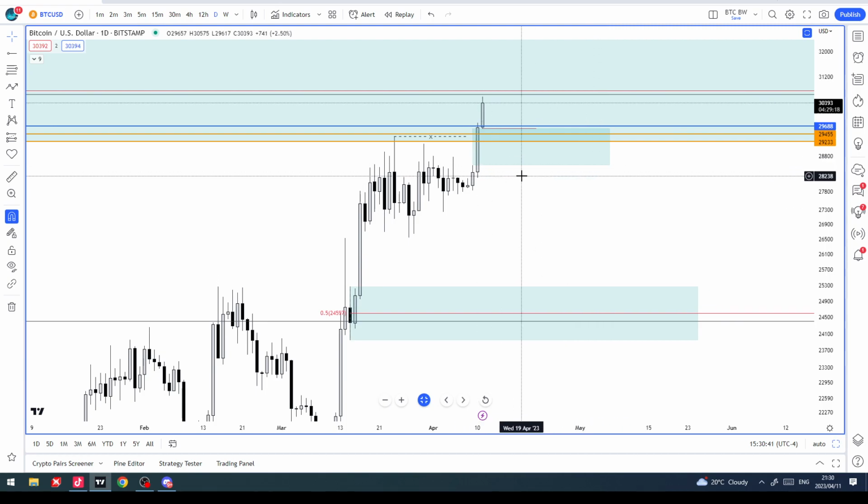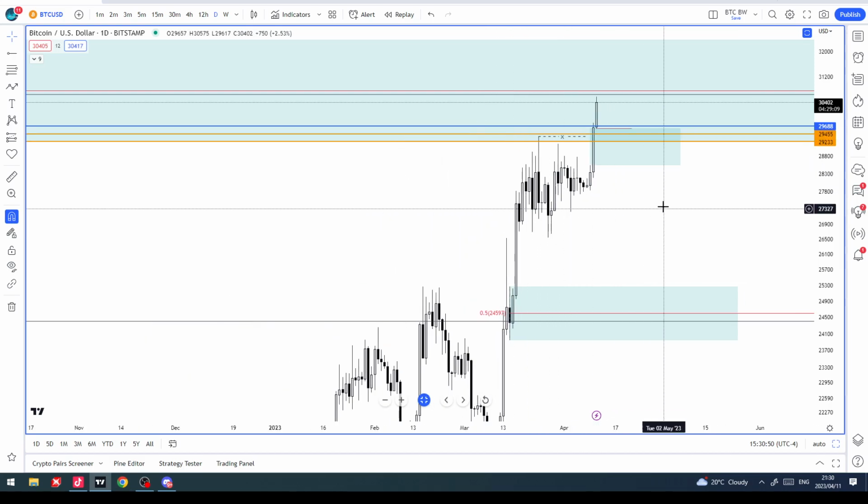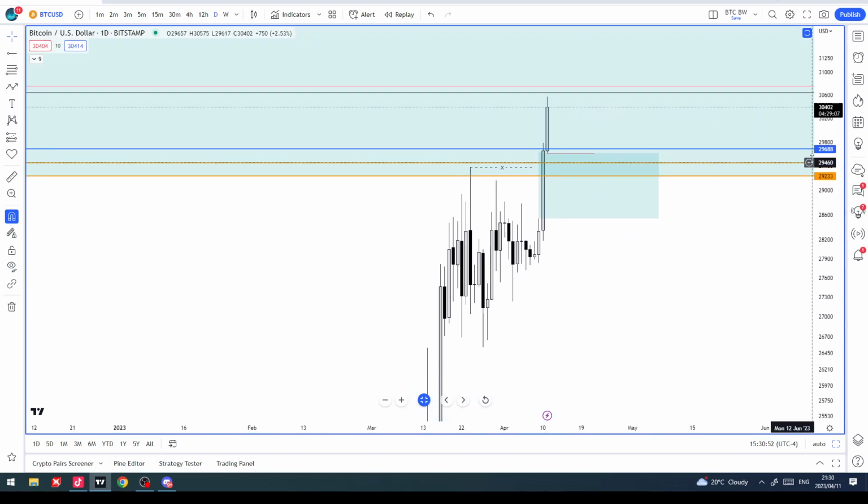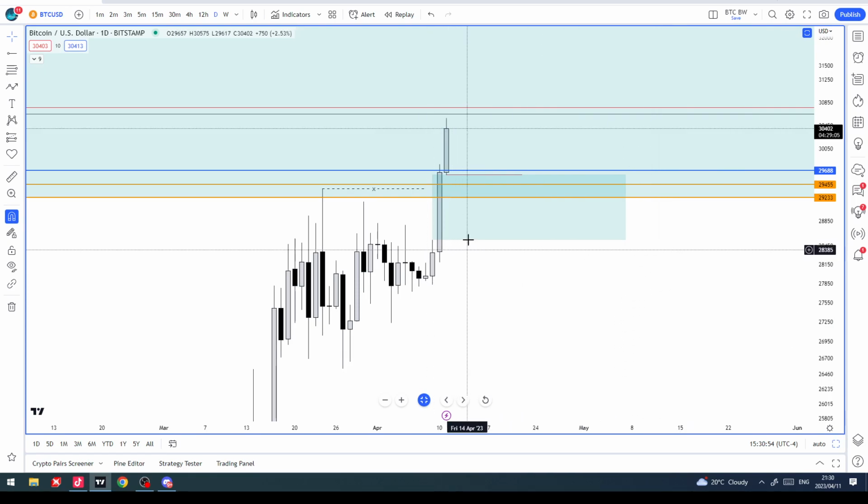So I'm looking for some sort of weakness after today's daily candle close, because today's daily candle, like I said, closed in the gap or the up candle that needed to be filled at 29,688.